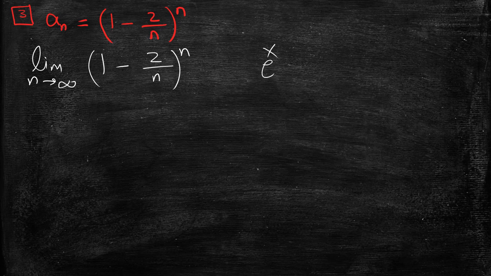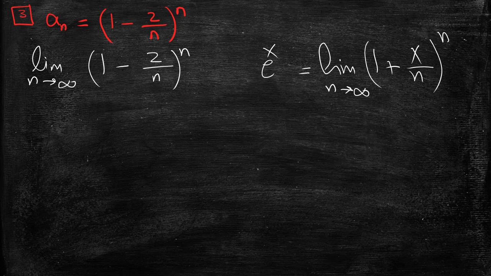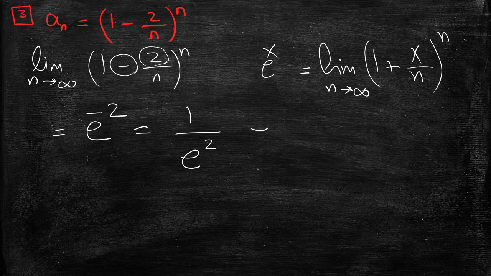Again, e power x is the limit n approaching infinity of (1 plus x over n) whole to the power n. It's the same, but here x is a number, this is 2 as the sign is negative. So this is simply, without doing any more steps, e power negative 2, which means 1 over e squared. So this is 1 over 2.7 squared.